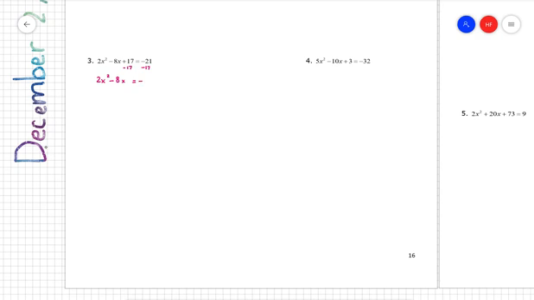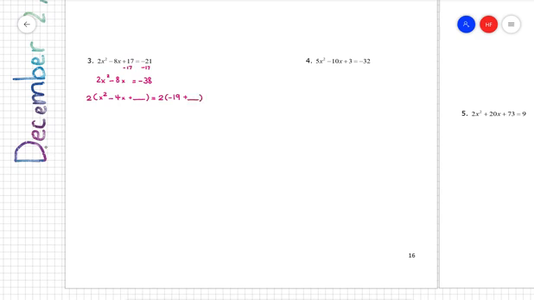It's negative 38. And then I'm going to factor out that 2. I get x squared minus 4x plus something equals 2 times negative 38 divided by 2 is negative 19 plus that same something.